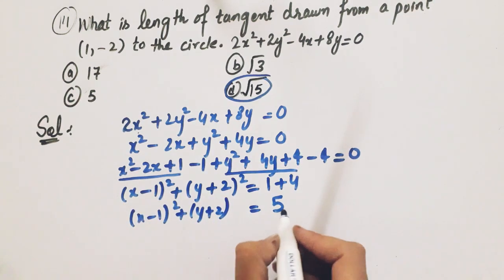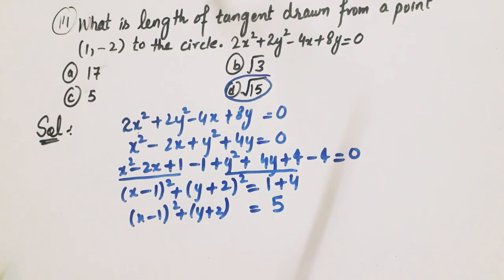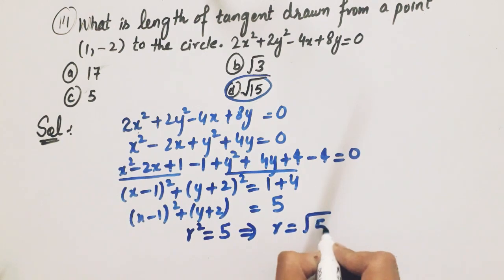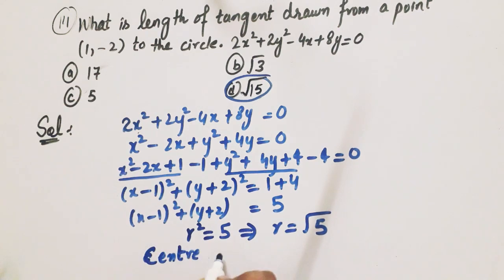So r square is equal to 5, and the value of r will be equal to the square root of 5. Now we will find the distance, where the center is (1, -2).